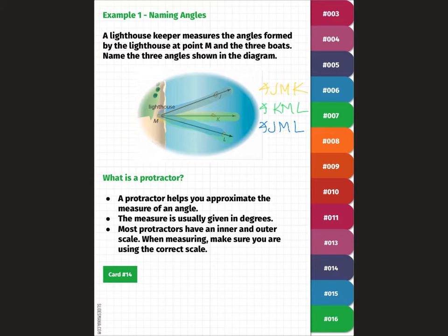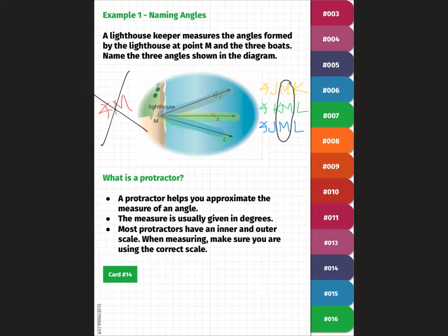Now, one thing that you cannot do in this particular image is you may not have any angle that is angle M. I'm going to say that again. You may not have any angle that is angle M. Well, why can't you have an angle that's angle M? If you notice, all of these angles have a vertex of M. So if I say, hey, that's angle M, which angle would I be talking about?